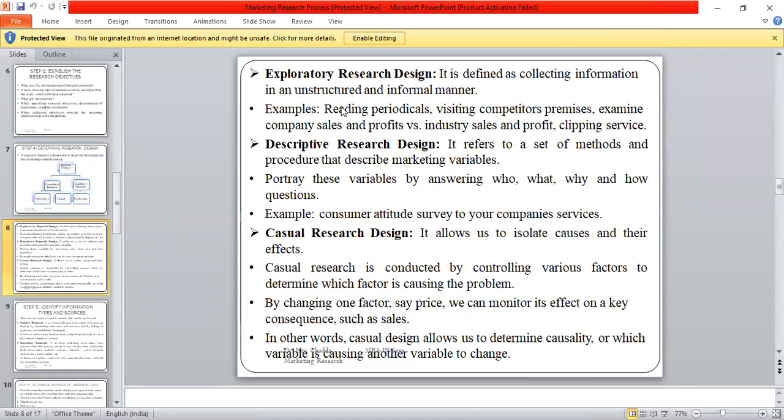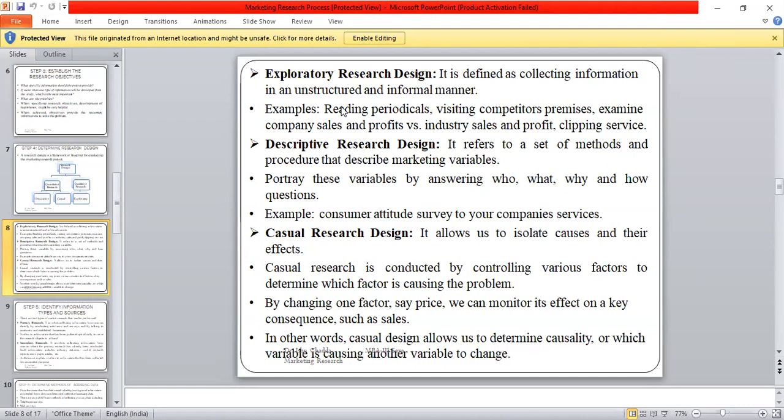During the survey, these research studies would not try to acquire a representative sample, but rather seek to interview those who are knowledgeable and who might be able to provide insight concerning the relationship among the variables. For example, reading the periodicals, visiting competitors' premises, examining company sales and profit versus industry sales and profit, and clipping services. All these are part of the exploratory research design.